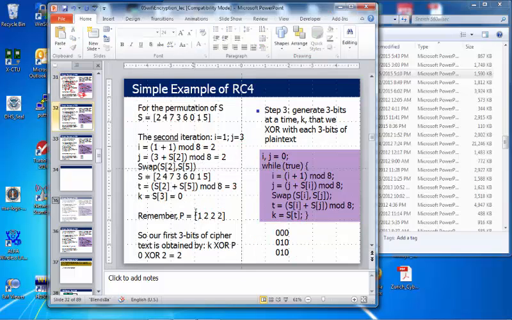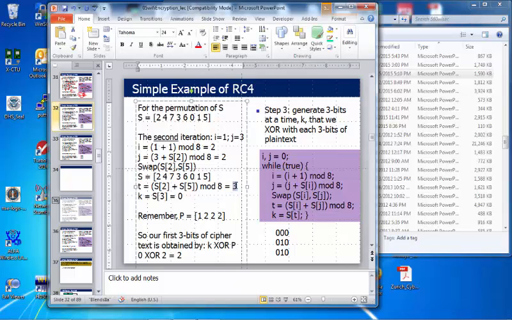This is 6. S6 is 1. So 1 exclusive over that is 0 0 1. So 1, which is a 3.